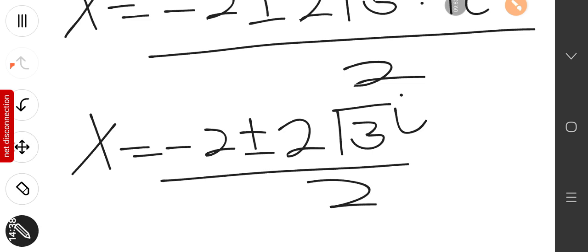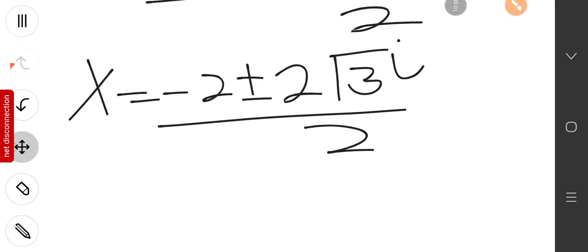Make sure the i is not under the root, but rather a bit away from the root.